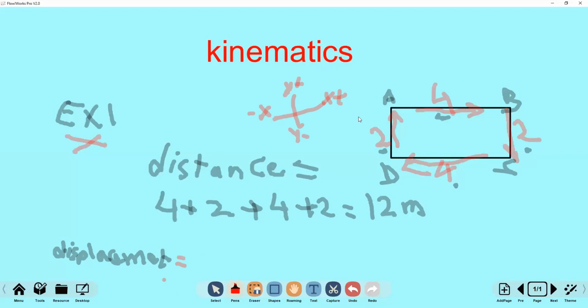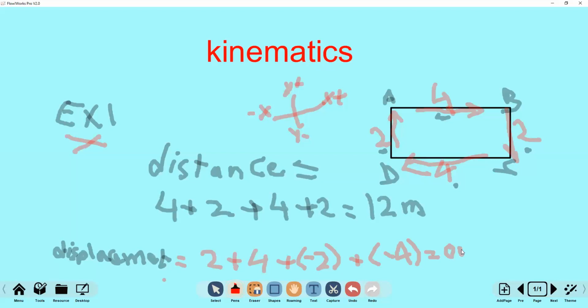So how do we calculate it now? To the north it is 2 positive, plus 4 positive, then going down, minus 2 in brackets, plus minus 4, because D to A is opposite to B to C. Now the total displacement equals 0 meters.